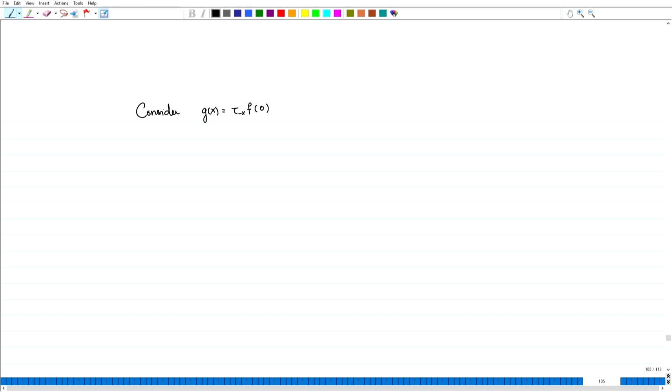Therefore, what we get is that tau minus x of f at 0 is equal to the integral over Rn of tau minus x of f hat at xi d xi, by our previous result, and this is nothing but f of x.